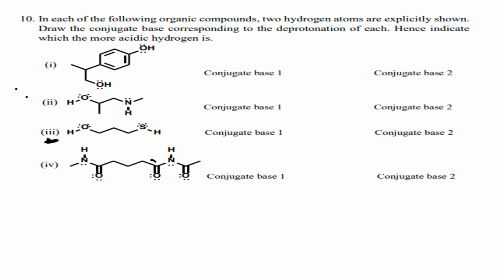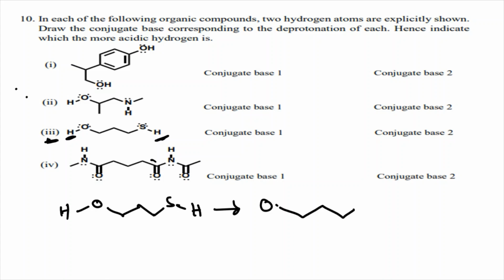So question 3. So the conjugate is where, first of all, you lose this one, you write the conjugate, and then you lose this one, then you write the conjugate. So it's going to be like this. So the first conjugate is where you lose the hydrogen that is attached to the oxygen there.